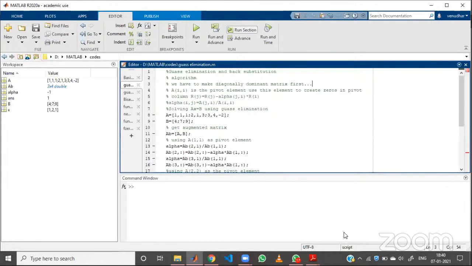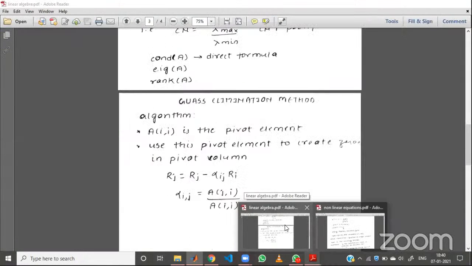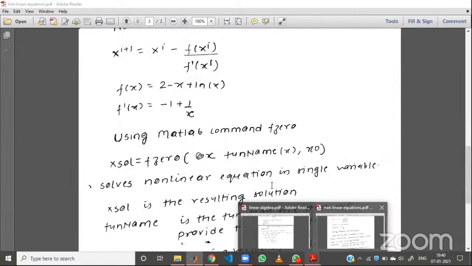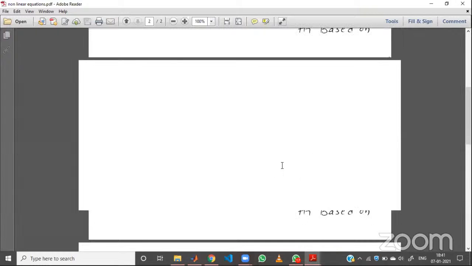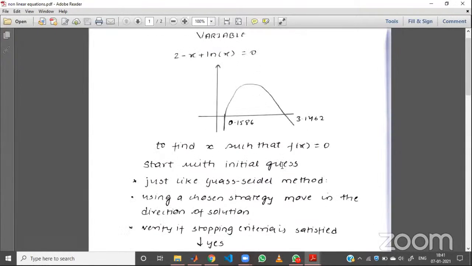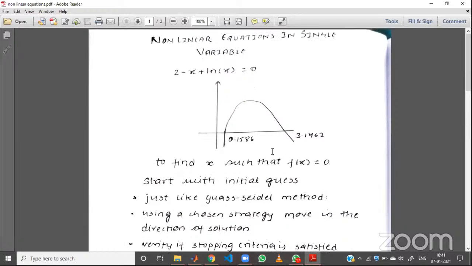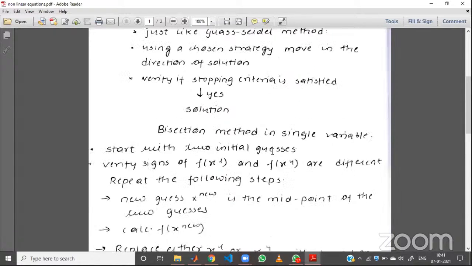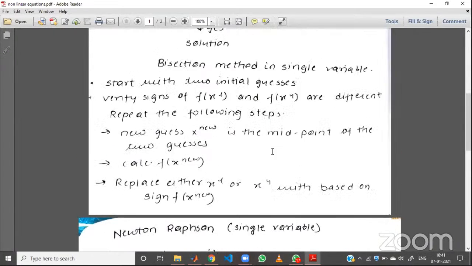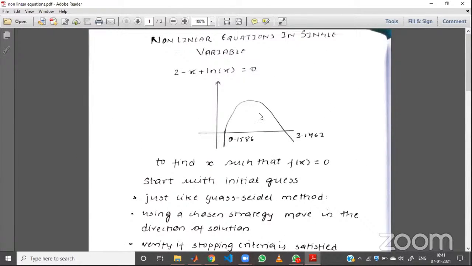So let me just brief about it. Here is the equation.